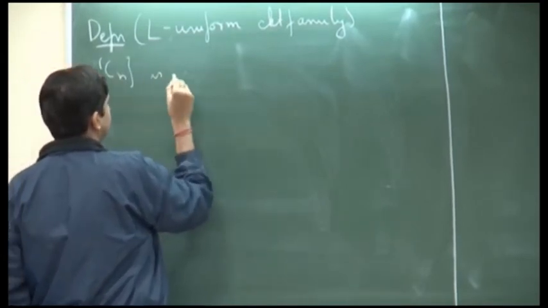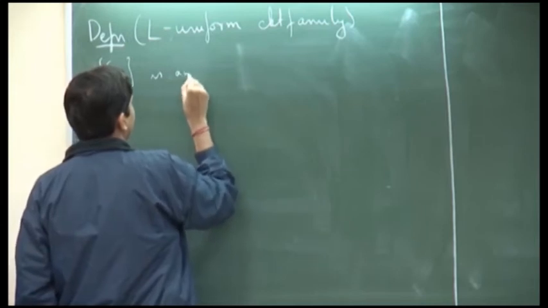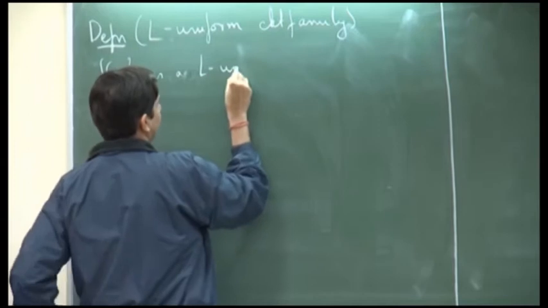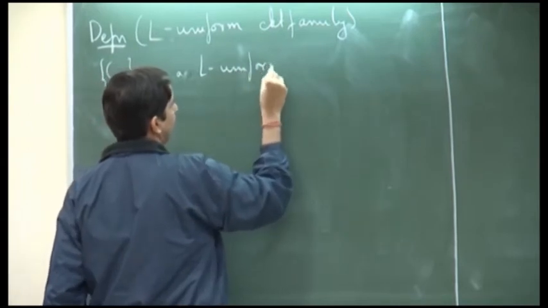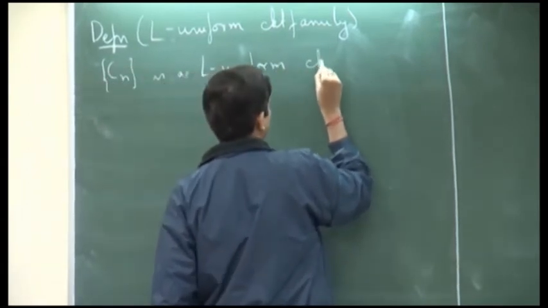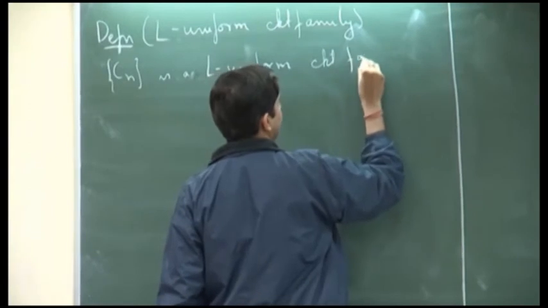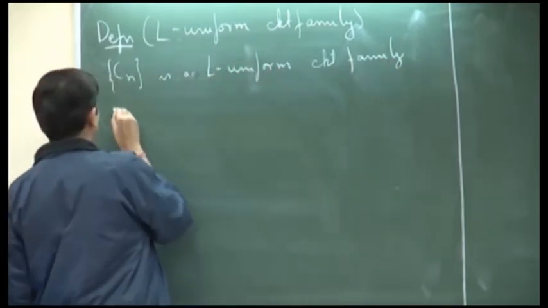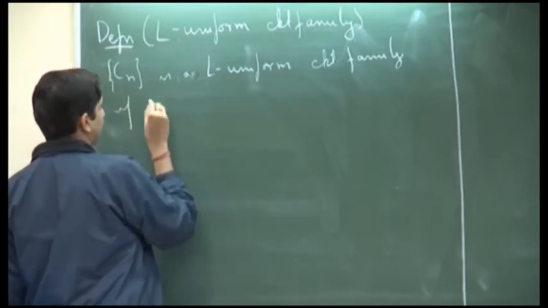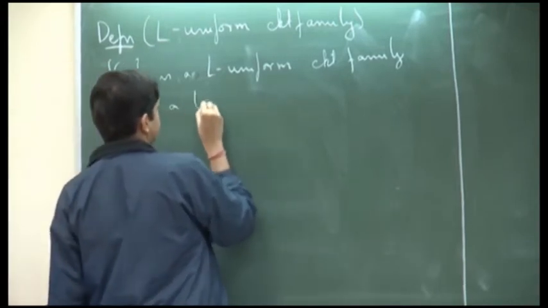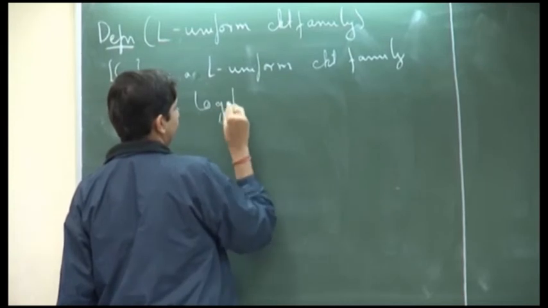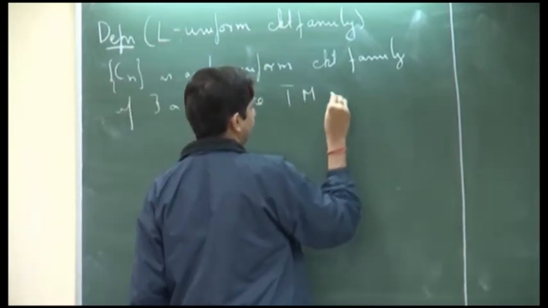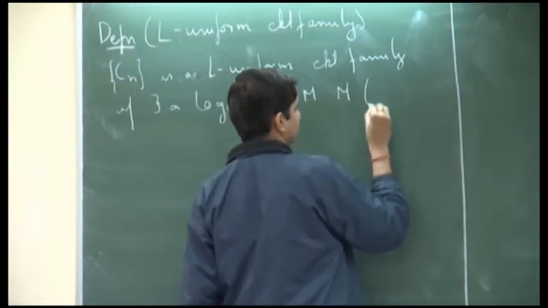Okay. So, Cn is a L uniform circuit family if there exists a log space Turing machine M, with output.